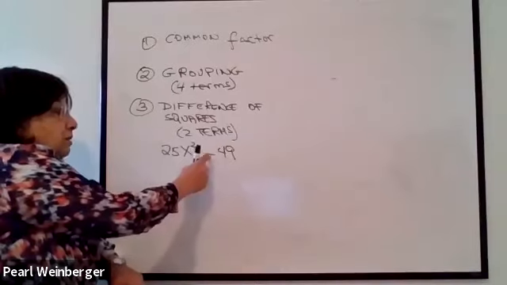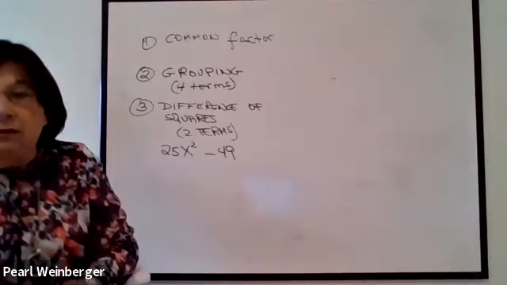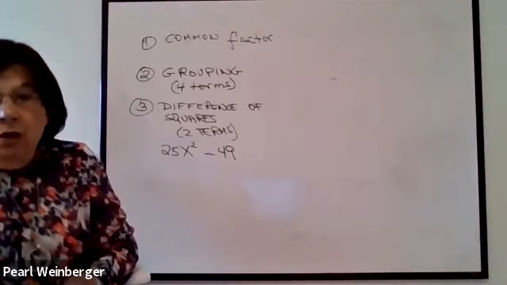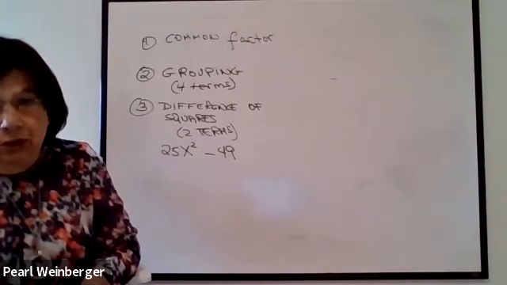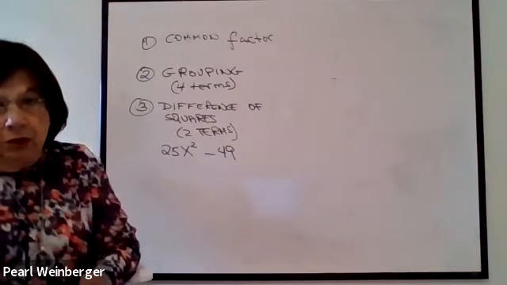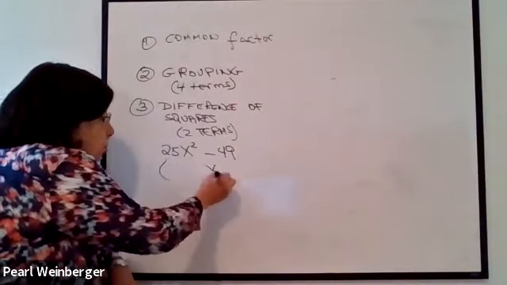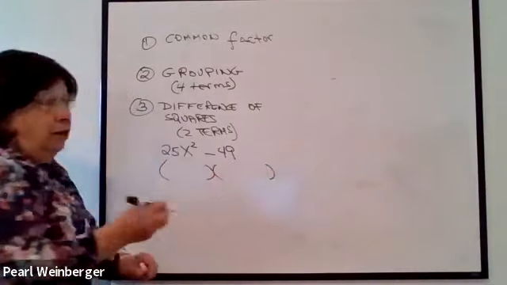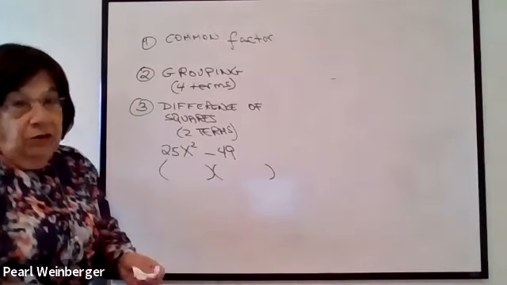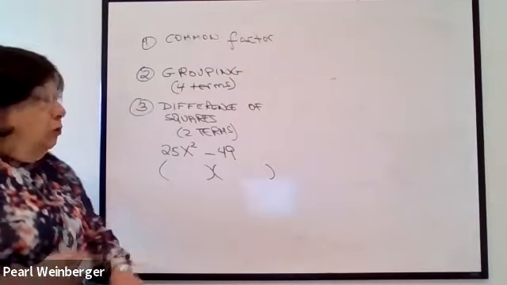And it has to be the difference, which means the sign in between has to be a minus. If you have a binomial that is a difference of squares, then you can factor it, and this is just a matter of looking at the pattern. You can factor this into 2 conjugate binomials.